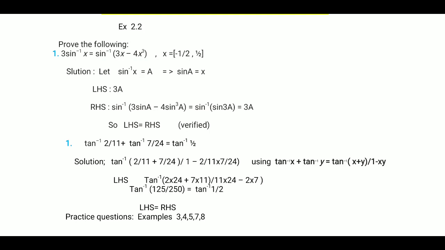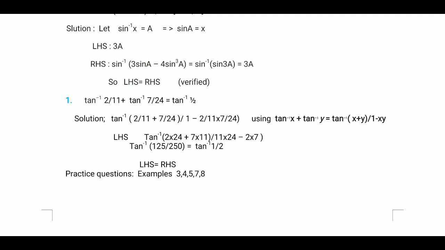So this becomes sin inverse, and this is the formula for sin 3a. So sin inverse and sin cancel out and will give you 3a. Thus we see that left hand side and right hand side are equal. So the equation is verified.